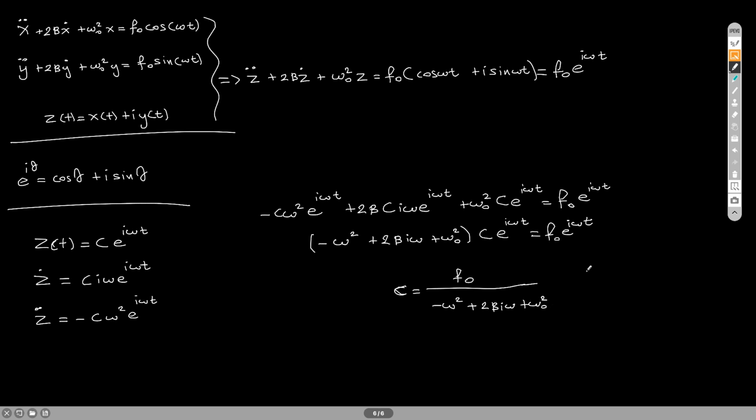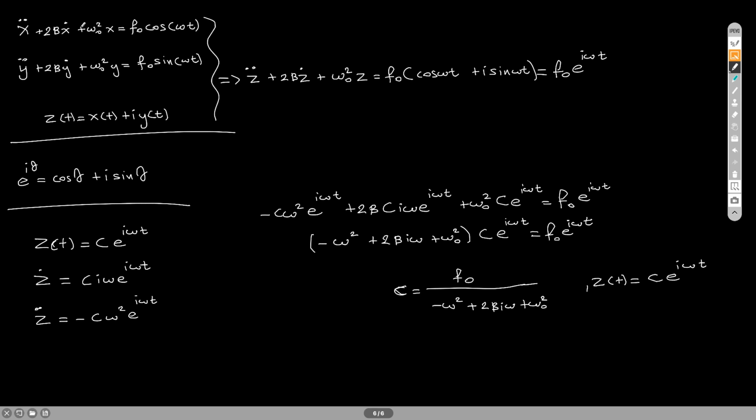Now I'm going to write the z again. I do want to remind you that this is a particular solution to the inhomogeneous differential equation. Now here's the thing, I do want to go back and remember what I tried to do.